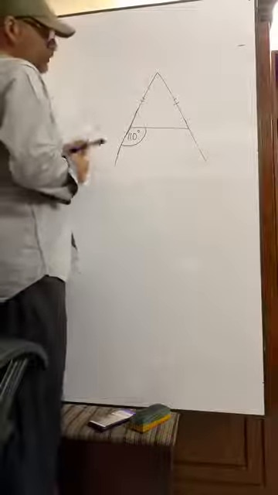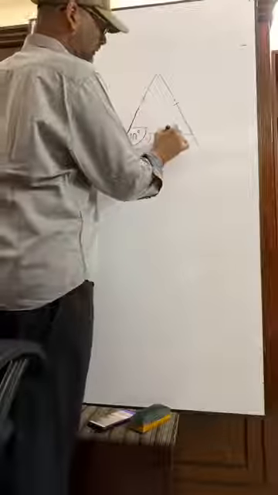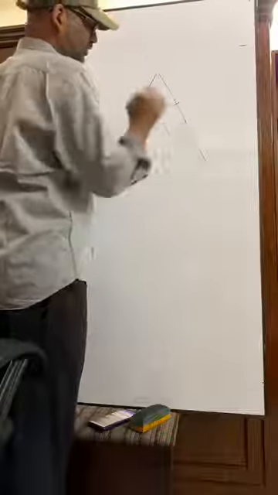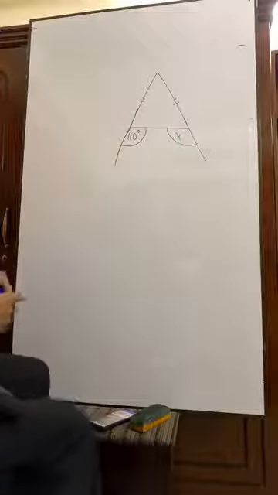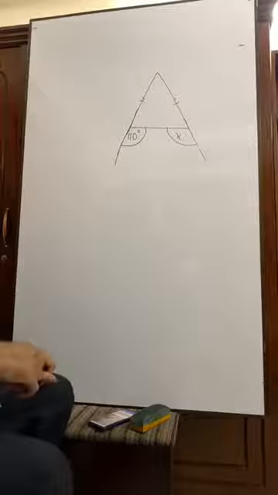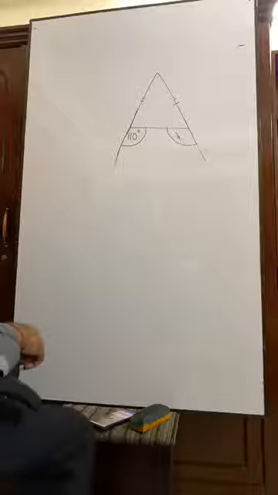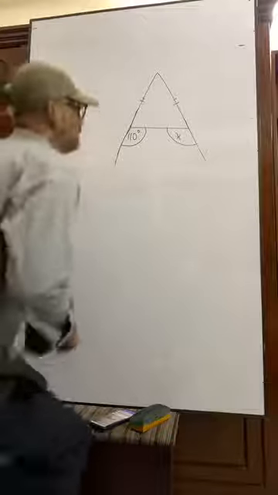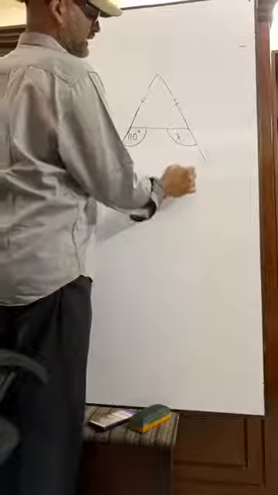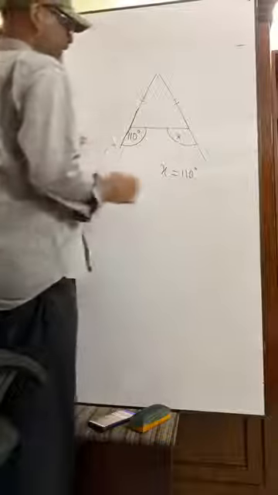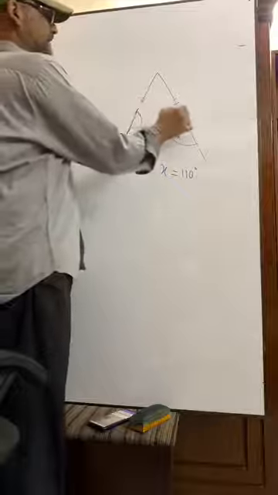Can you tell me what is the measurement of this angle? Suppose it is x. What is the value of x? It is also right that x is 110 degree. You see, these and these are equal.